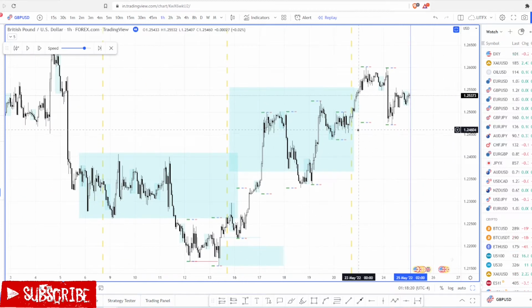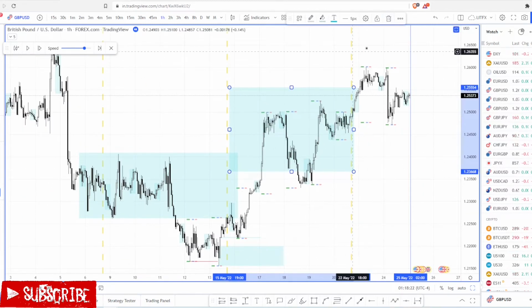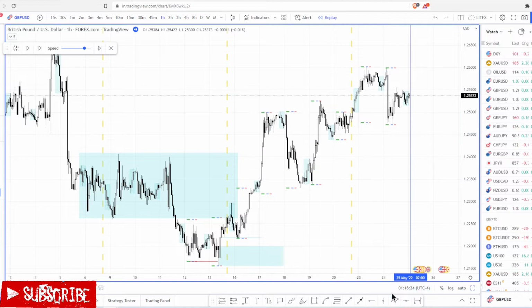So with this in mind, breaking so many structures, as you can see right here, we had a break of structure, an impulsive one. We have a break of market structure here. We also have this break here.